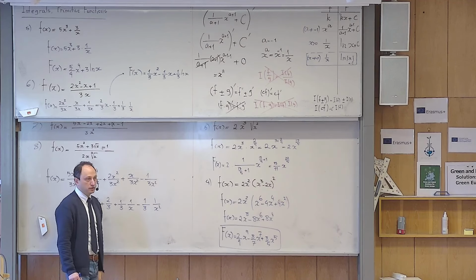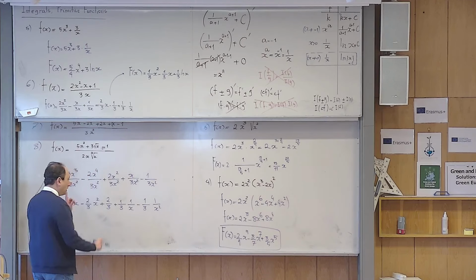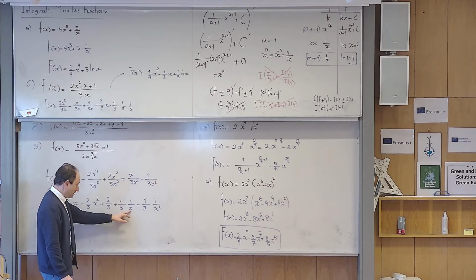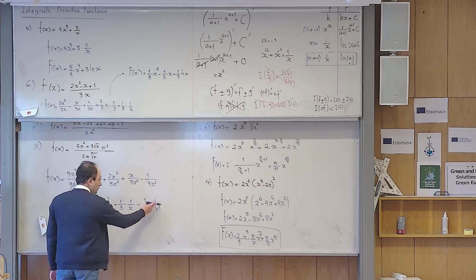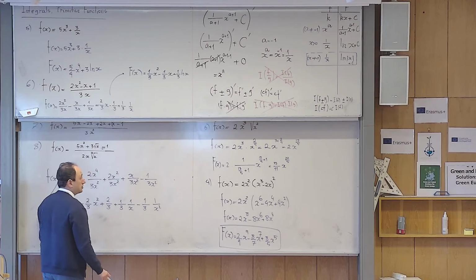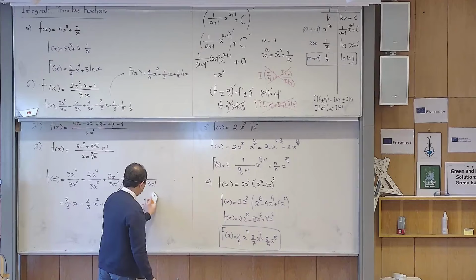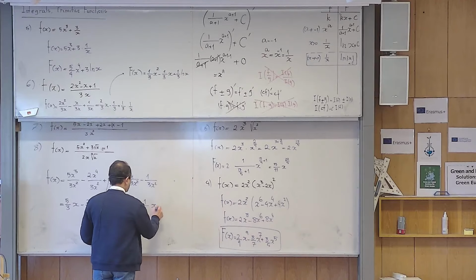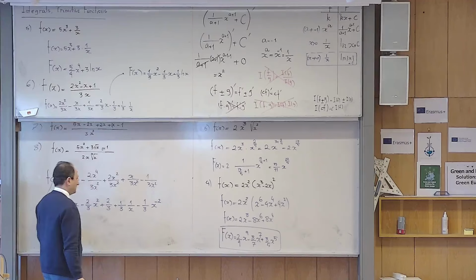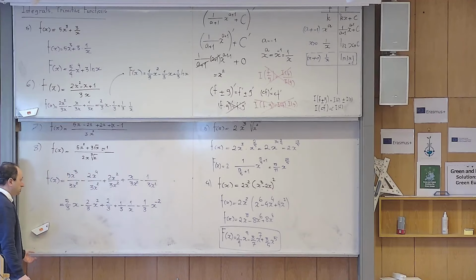But what can I do for this one? Negative 2. So be careful. The only one that you have to keep exactly as it is is 1 over x. If I have 1 over x squared, it is not in the table. So what you do, you bring it up here. And then continue, okay?